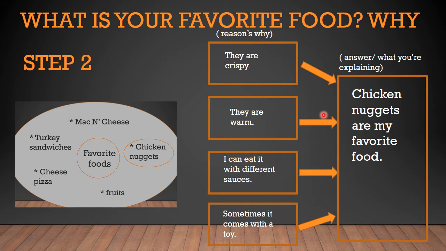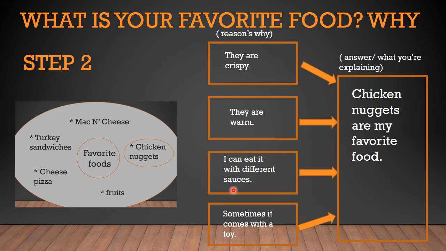One of the most common mistakes that we saw that first graders were making is that here in these small rectangular boxes, you are putting the food that you like. And then here in the larger rectangle, you're adding all your reasons why you like 4 different types of food.